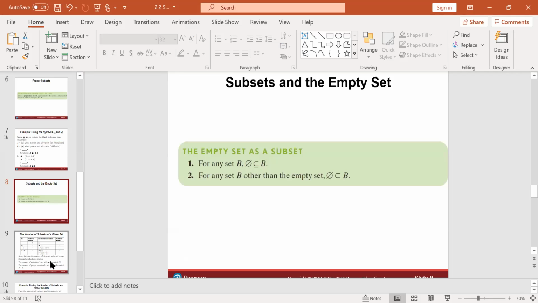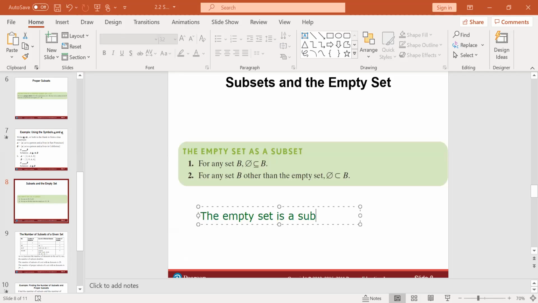Now, here's one that's really going to cook your noodle. The empty set is a subset of every other set. Hold the phone there, Pilgrim. The set containing nothing in it.